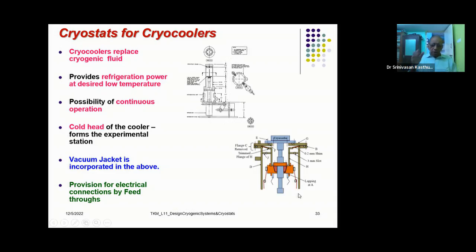The cryocooler needs to be super insulated, then the radiation shield, and subsequently the vacuum jacket is put on top of that. The interspace is evacuated. Many times you need to provide appropriate electrical feedthroughs, etc., which will carry the signals of whatever you are measuring.